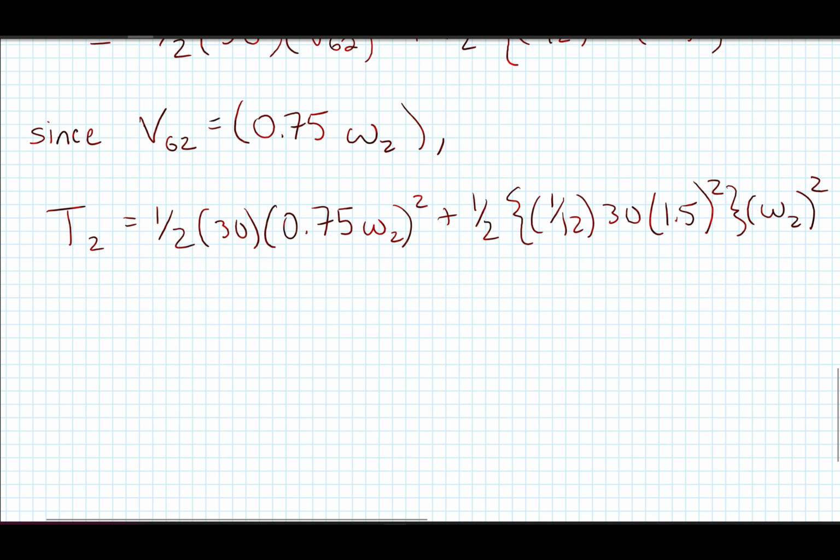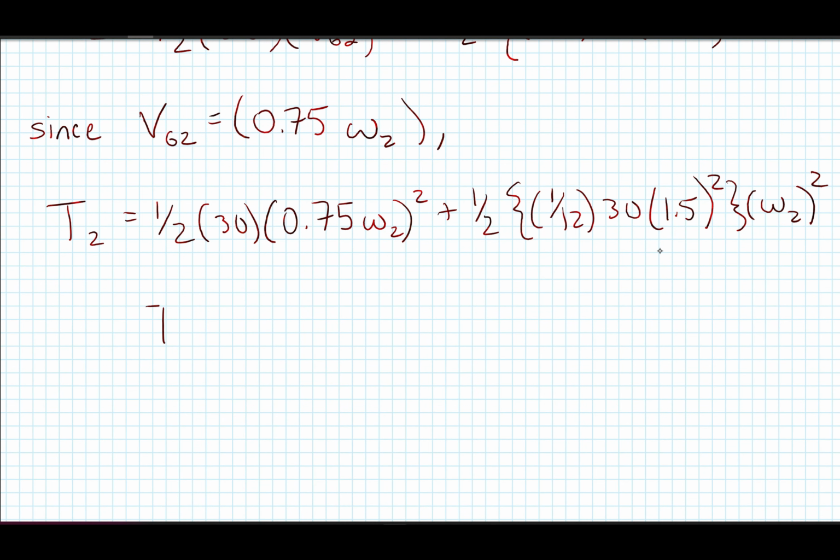Leaving the calculations up to you, you should get T sub 2 equals 11.25 omega sub 2 squared.